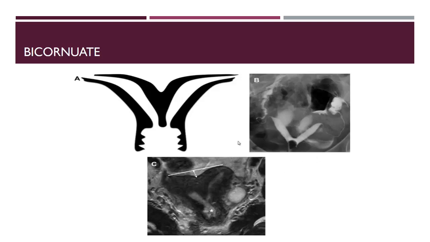In the past, we said that if it is an acute angle, it is septate. If it is an obtuse angle, it is bicornuate, but unfortunately it is not so. Sometimes we found septate with a large obtuse angle. So don't write bicornuate or septate from the hysterosalpingography.